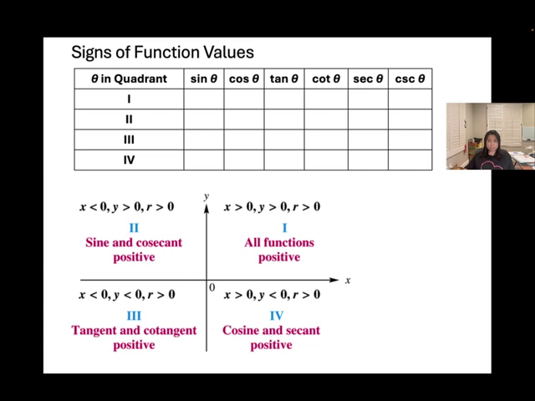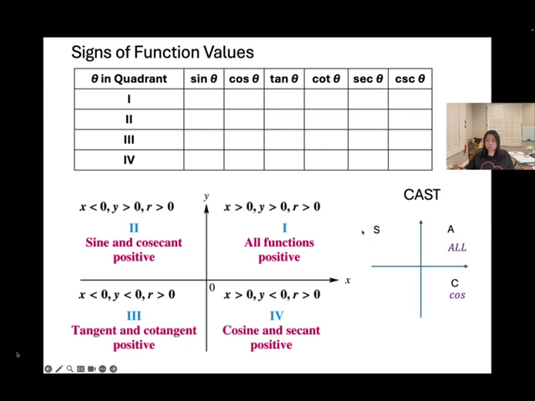How can you guys remember it? I usually try to memorize it with CAST, C-A-S-T. The C, we start in quadrant 4. C represents cosine. Cosine will be positive here. A represents all the trigonometric functions in quadrant 1 being positive. And then S, quadrant 2.